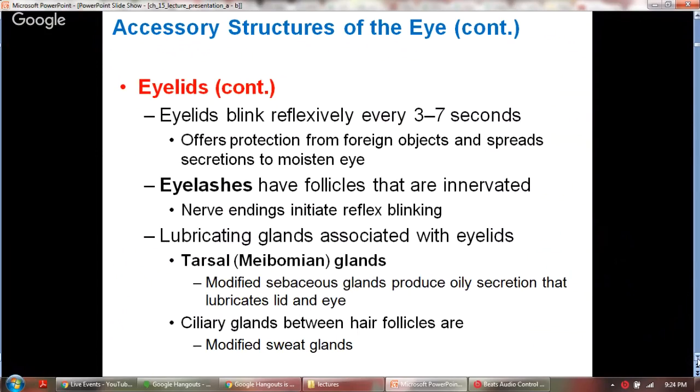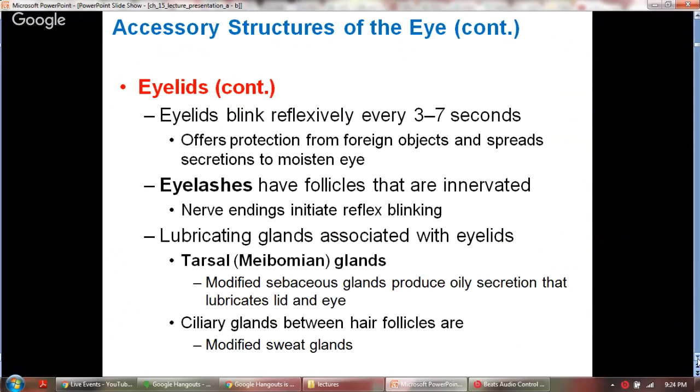Eyelids blink reflexively every 3 to 7 seconds. That will protect from foreign objects and spread secretions to moisten the eye. So any paralysis of the eyelids will lead to dry eye.